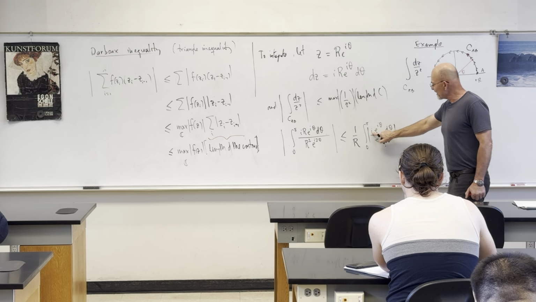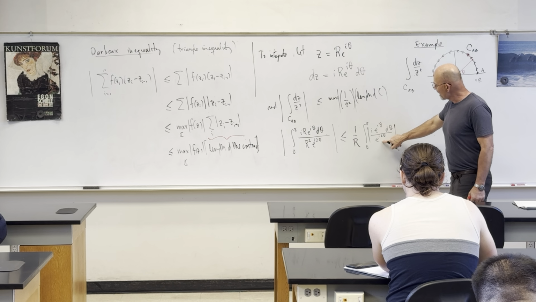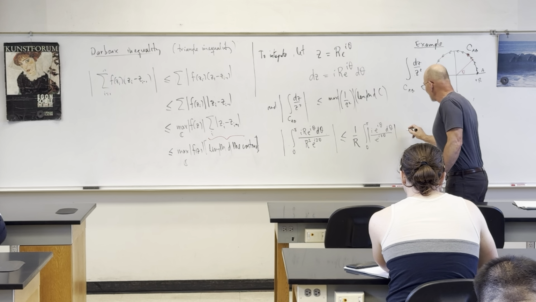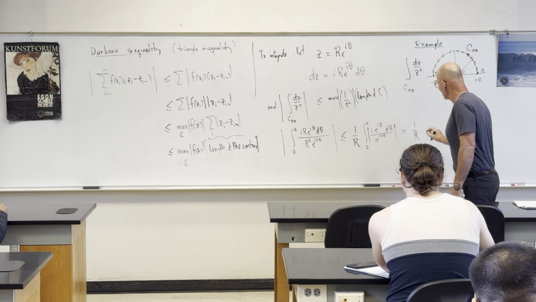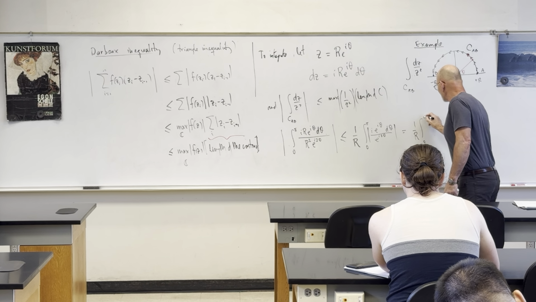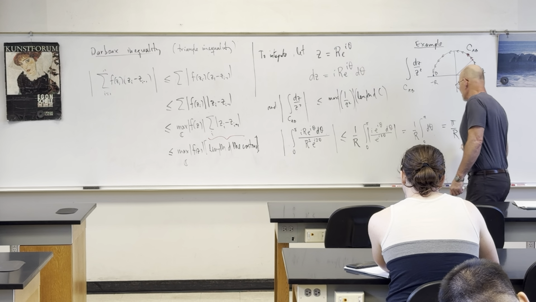And the magnitude of I is 1, the magnitude of e to the I theta is always 1. Same with the denominator. So those are all 1s, and we're getting 1 over R times the integral from 0 to pi of d theta. This is pi over R.